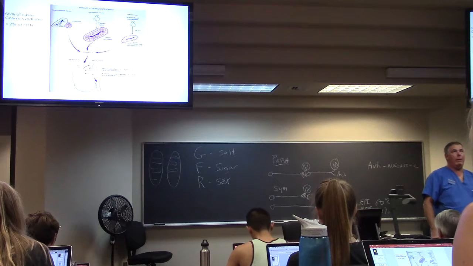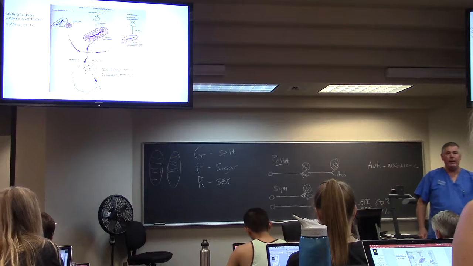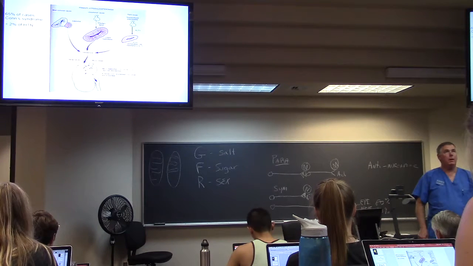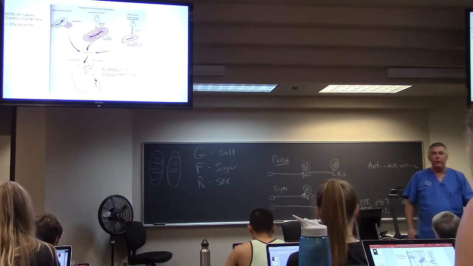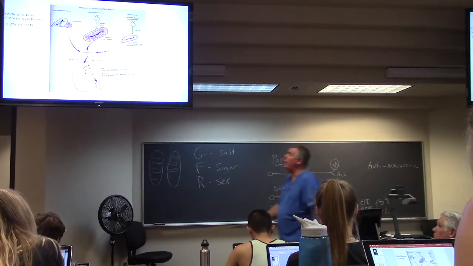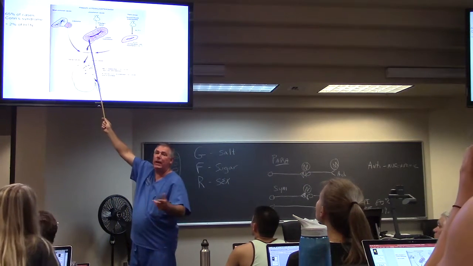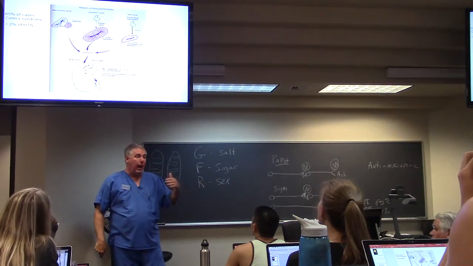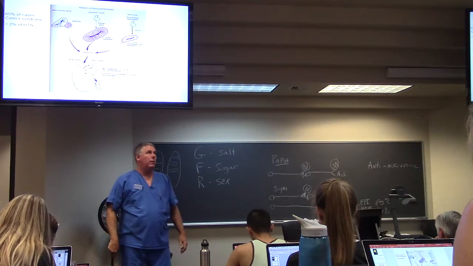Primary hyperaldosteronism, meaning it's coming from the adrenal gland, is called Conn syndrome. Regardless of its origin, you see here we've got an adenoma versus hyperplasia secondary to a pituitary effect. It's still Conn syndrome. Hyperaldosteronism is Conn syndrome.